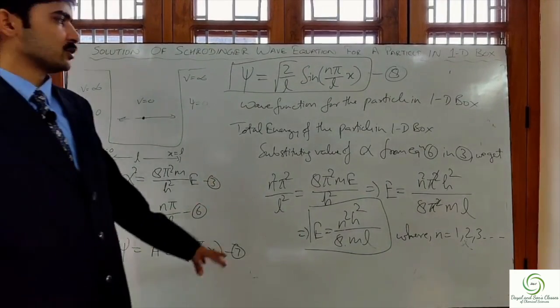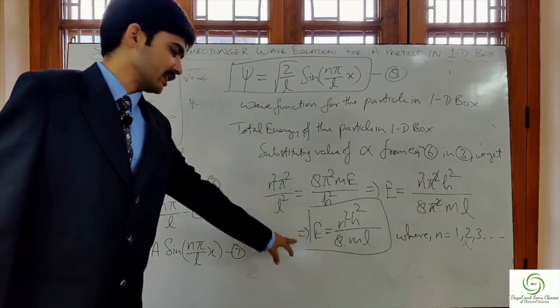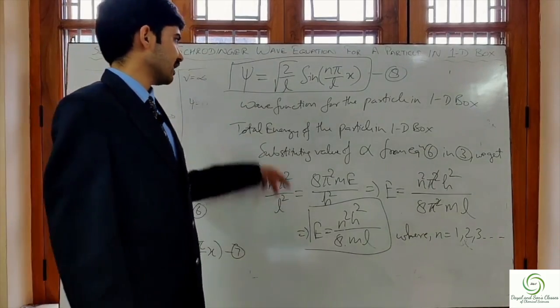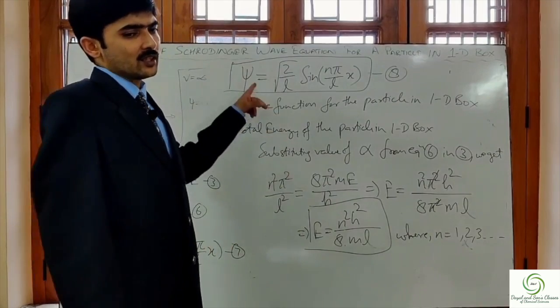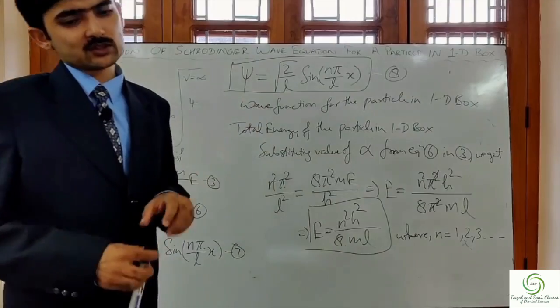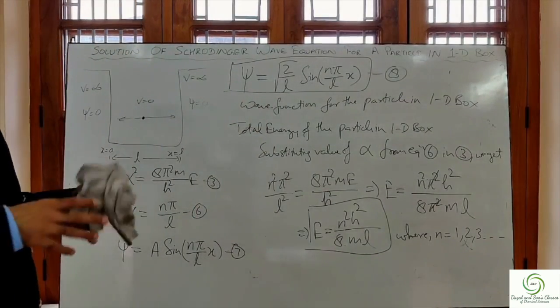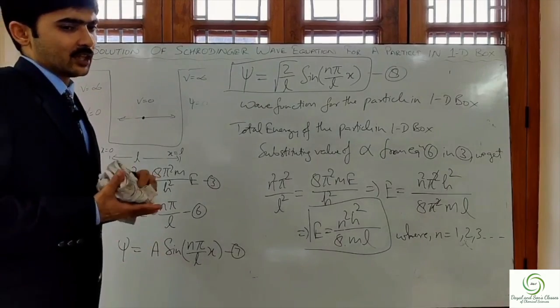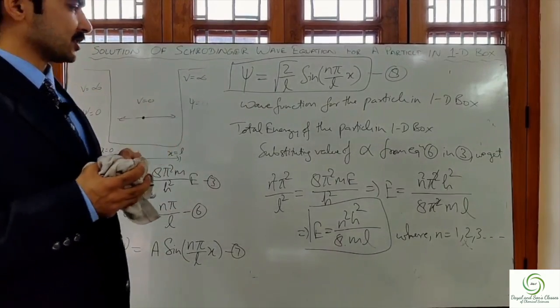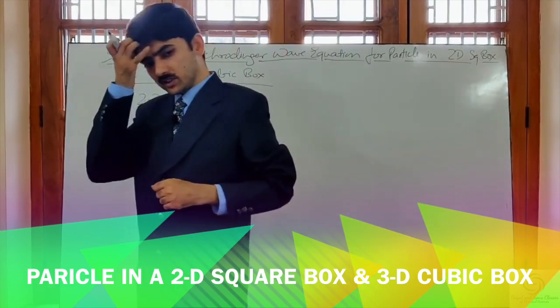Now what we'll do, we will generalize these two equations, that is the expression for total energy and that of the wave function for a particle in 1D box, to the wave function for a particle in 2D box. Let us see how. Now let's see for the 2D box how this equation changes.